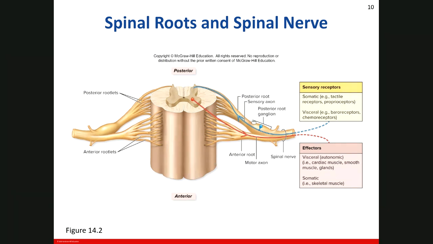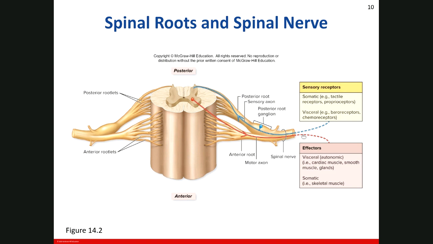Then these two nerves, sensory and motor, come near each other, and they are wrapped by a connective tissue which is dura mater, and I will talk about it in the next slide. When the dura mater wraps both of them together, we call this part a spinal nerve. And then the spinal nerve comes out of the intervertebral foramen, and then it goes to different parts of the body, and I will show you in the next picture.